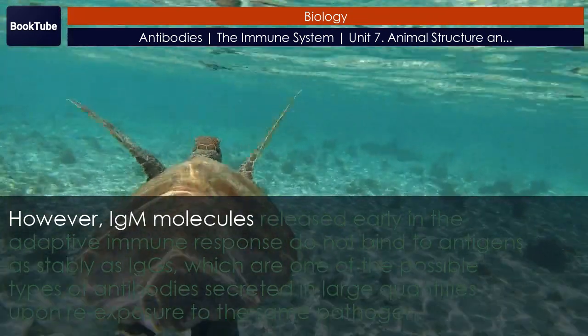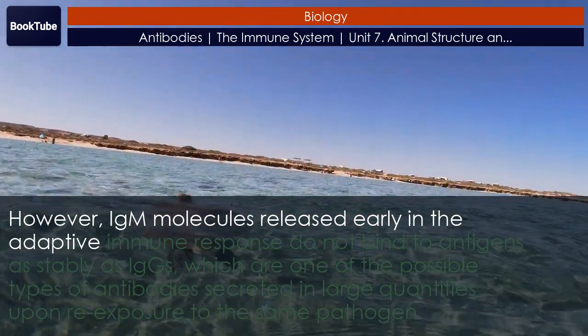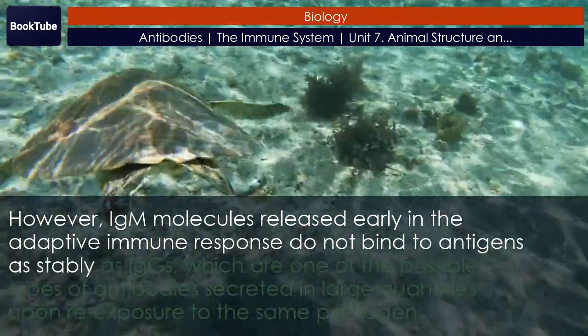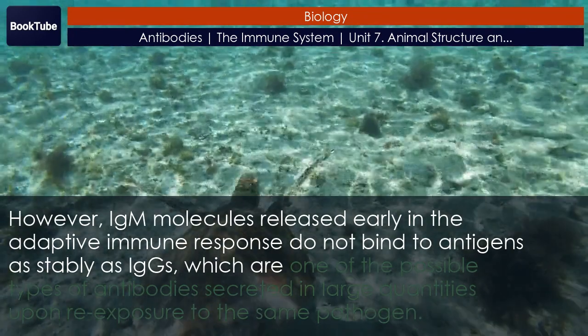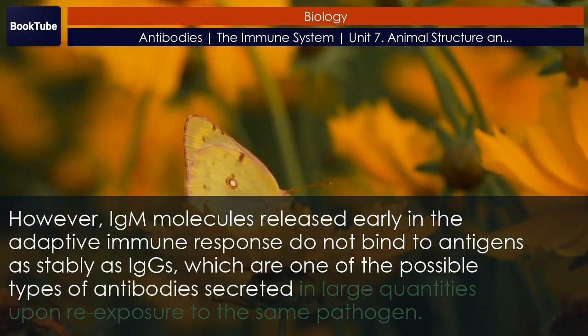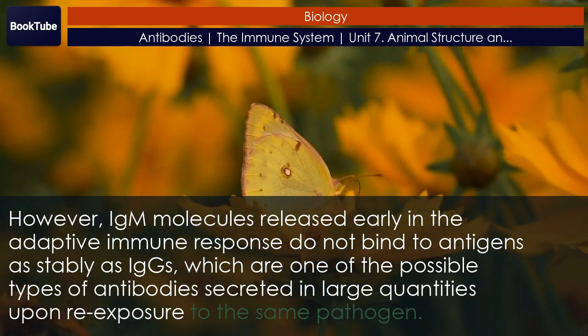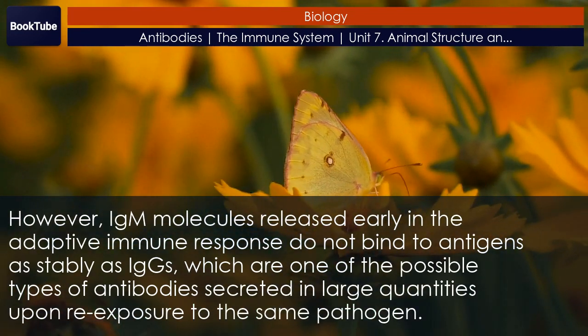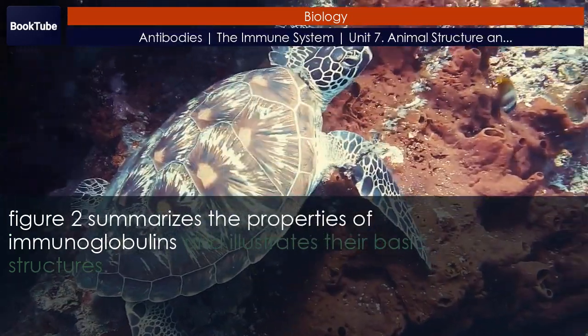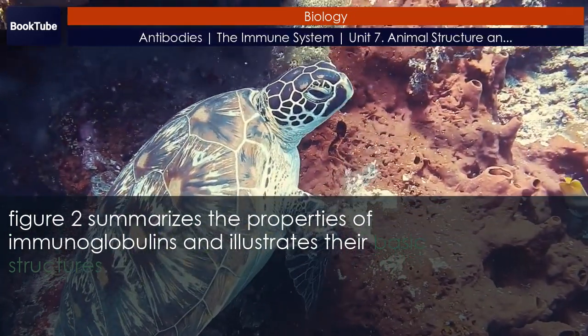However, IgM molecules released early in the adaptive immune response do not bind to antigens as stably as IgGs, which are one of the possible types of antibodies secreted in large quantities upon re-exposure to the same pathogen. Figure 2 summarizes the properties of immunoglobulins and illustrates their basic structures.